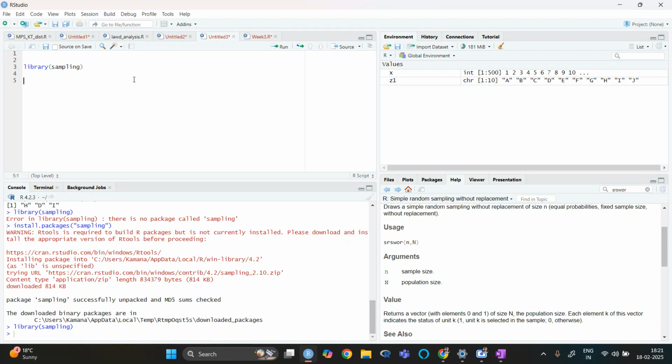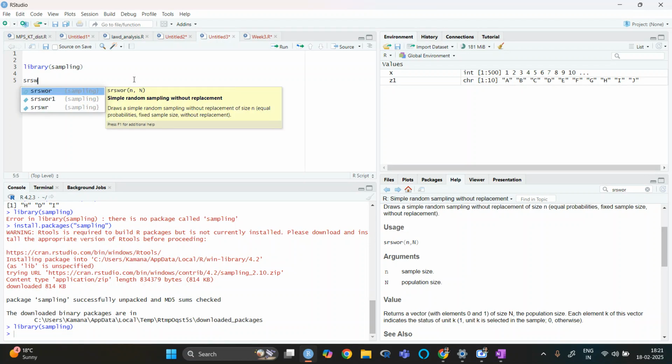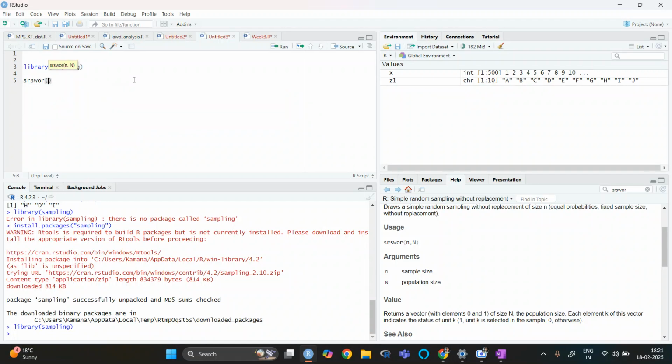We can do this separately with SRSWR and SRSWOR. So firstly we will see SRSWOR.